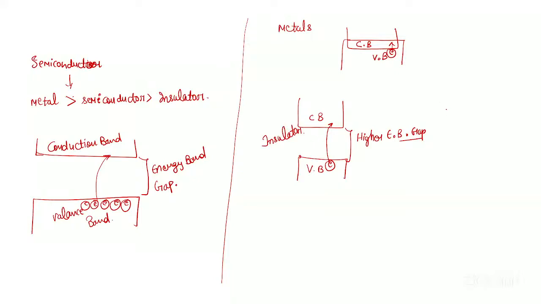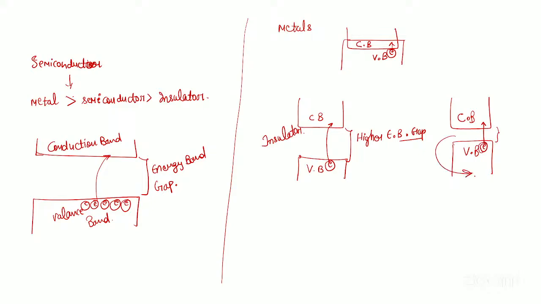Now, again, conduction and the valence band. If the conduction and valence band are close to each other, but not too close, there is an energy band gap, but that can be accessible, which the electron can easily jump across. This energy band gap lies between the energy band gap of metal and the energy band gap of insulator, which means it is feasible for us to make the electron jump into the conduction band.